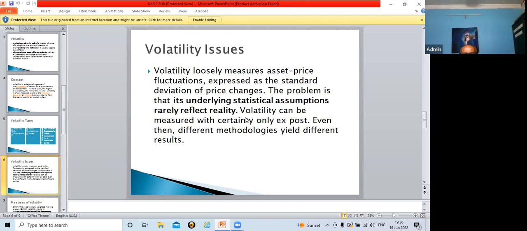Now you will be wondering, then how to trust these volatility issues, and how to believe. Now for believing and trusting, one should also have his own study. You should have knowledge of the statistical assumption plus your own observation.